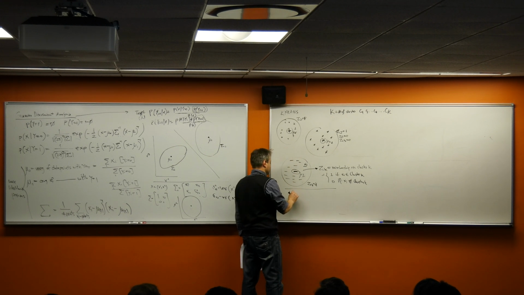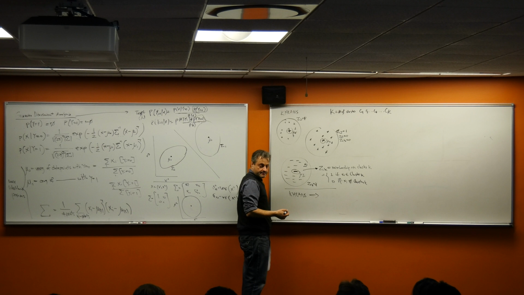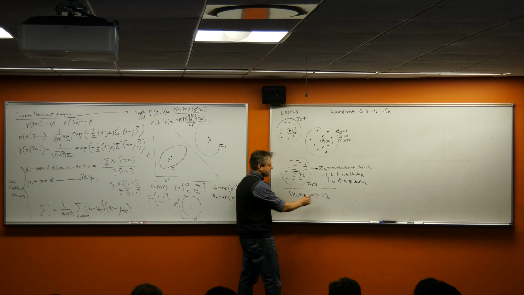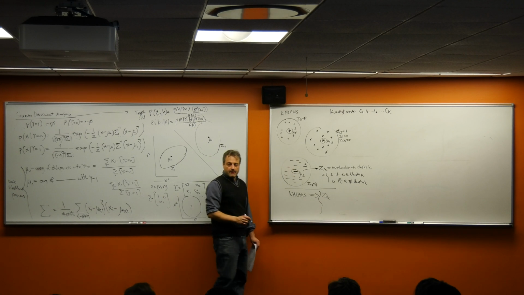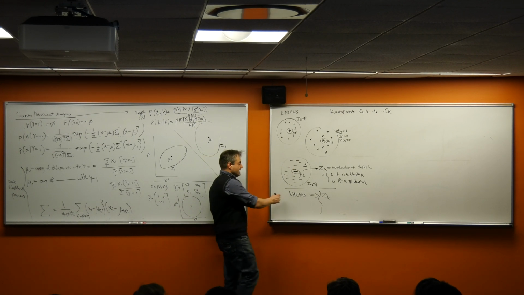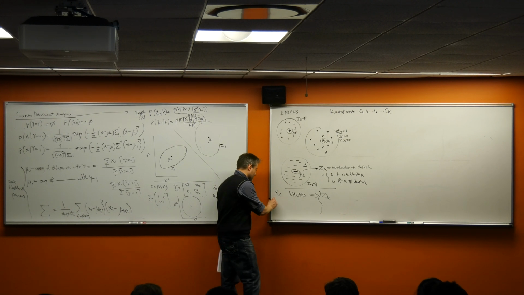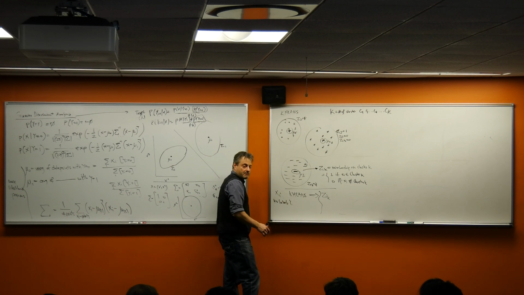So k-means produces two things. It produces the zik values, and what else does it produce? As an input, I get the data points xi. Do I get labels in k-means? No labels, so there's no yi there. But what else do I get?